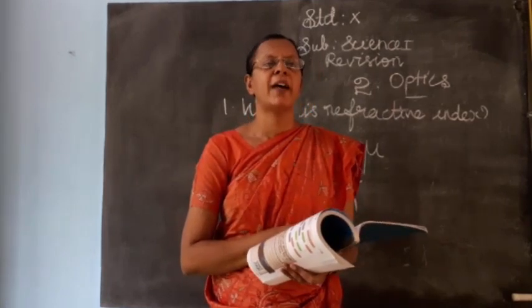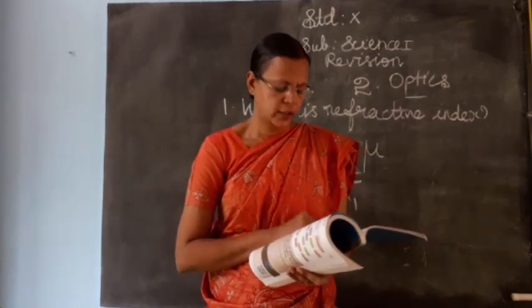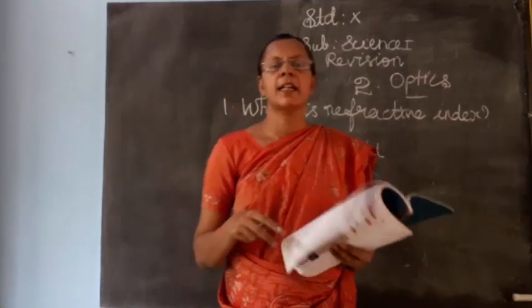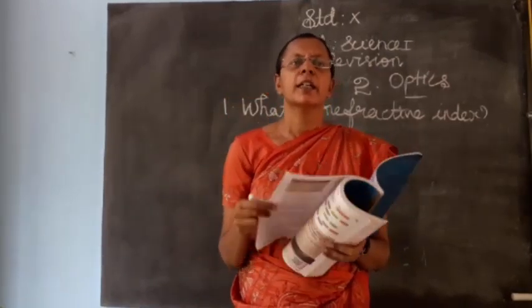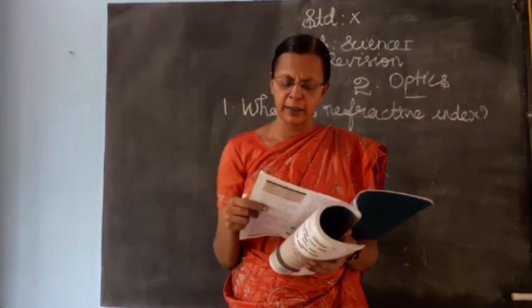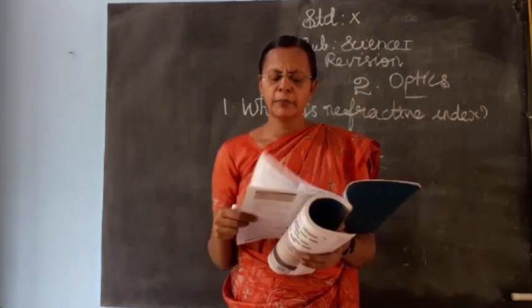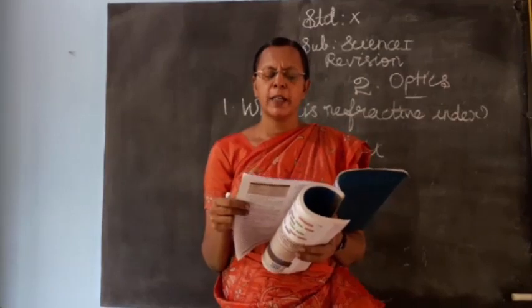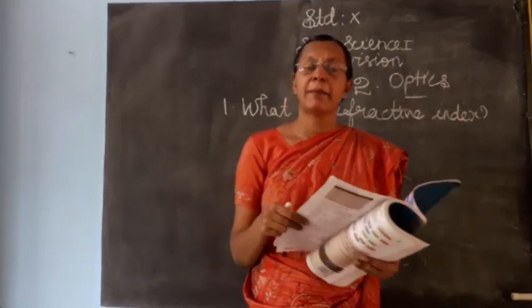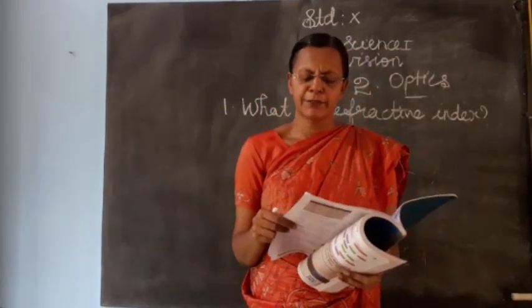Next question. Define dispersion of light. The answer for this question is on page number 17, second column, below 2.3, the second paragraph.